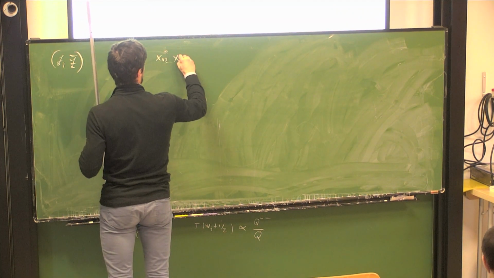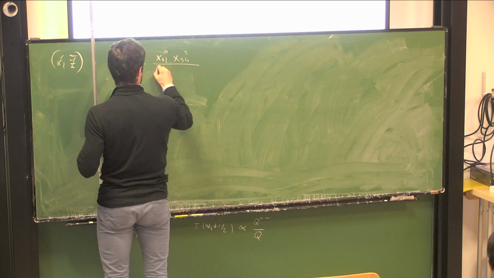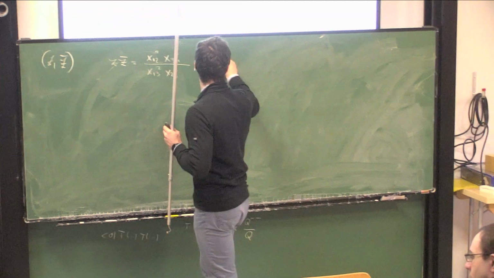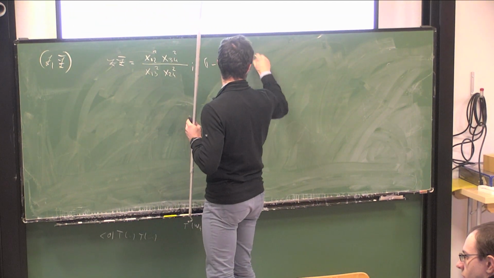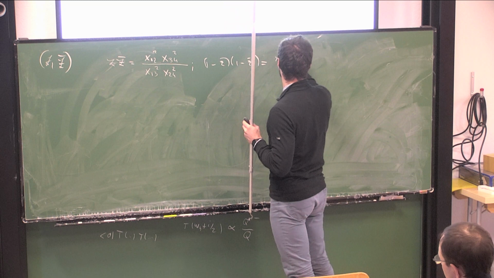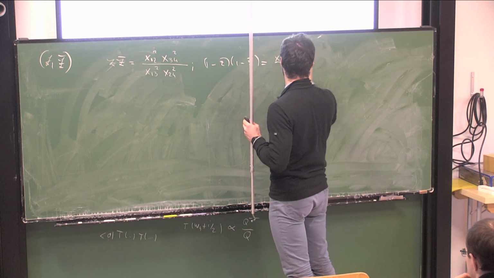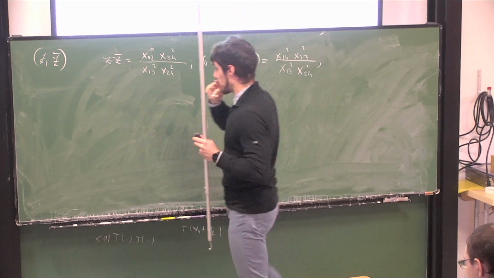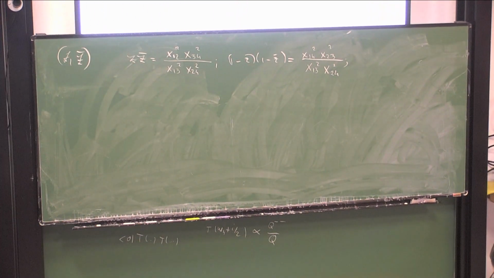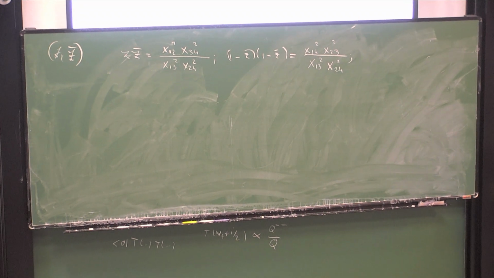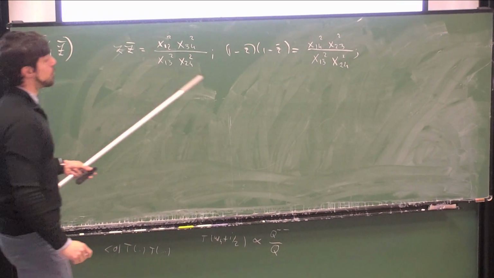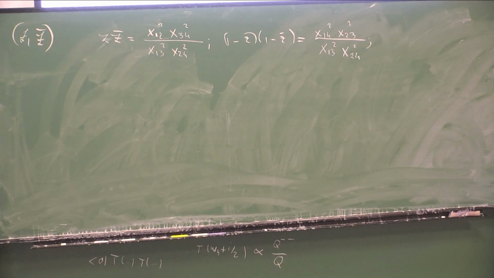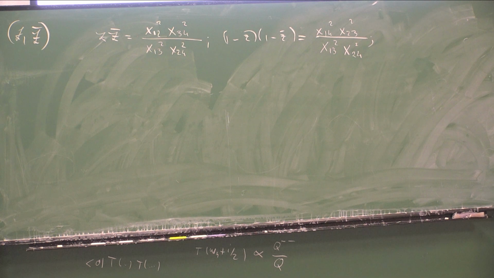If I have 4 points, these variables Z and Z bar parameterize these 2 ratios of distances, and these 2 ratios of distances are conformal invariant quantities. This type of diagram is a conformal invariant, a scale invariant quantity in the first place.